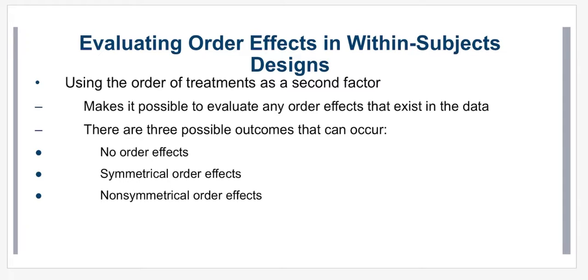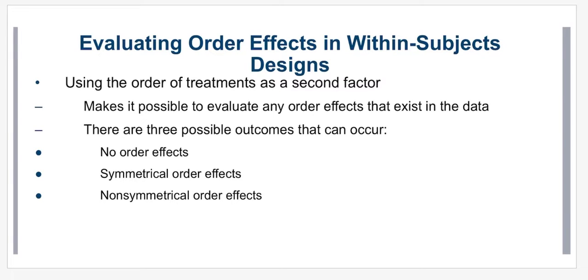So same as we did with the between subjects, we're going to use the order of treatments, the thing we're concerned about being a confound, as a second factor. That's going to become our second independent variable. And that would make it possible for us to evaluate these order effects that may exist in the data and possibly separate them out if we want to.